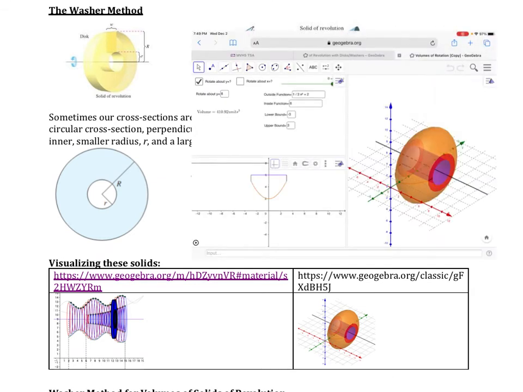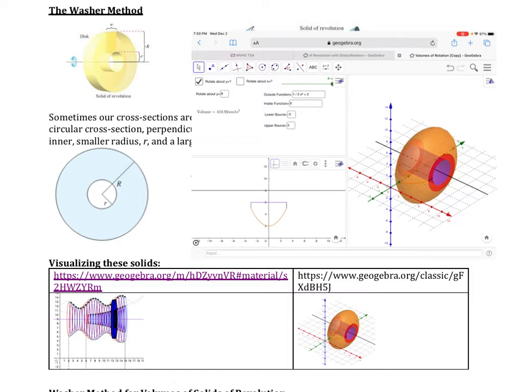We are going to look at that second option from GeoGebra. We have an outside function of y equals 1/3 x plus 2 and an inside function of y equals 6, and we're rotating it about the line y equals 8. In the diagram on the bottom left, you can see the two-dimensional xy plane, which is what it would look like.